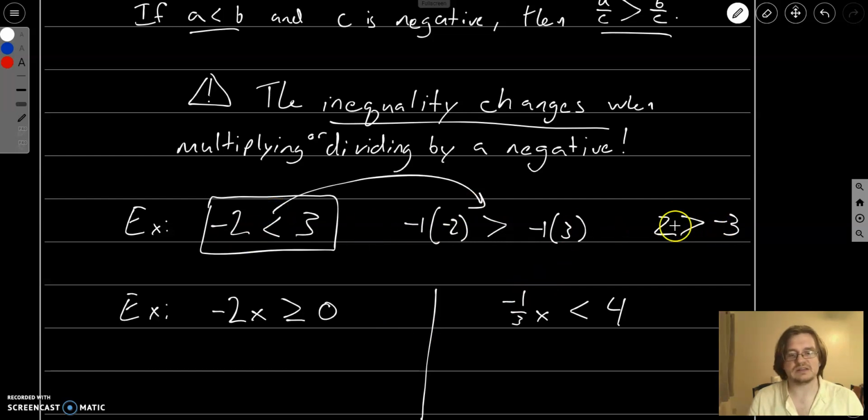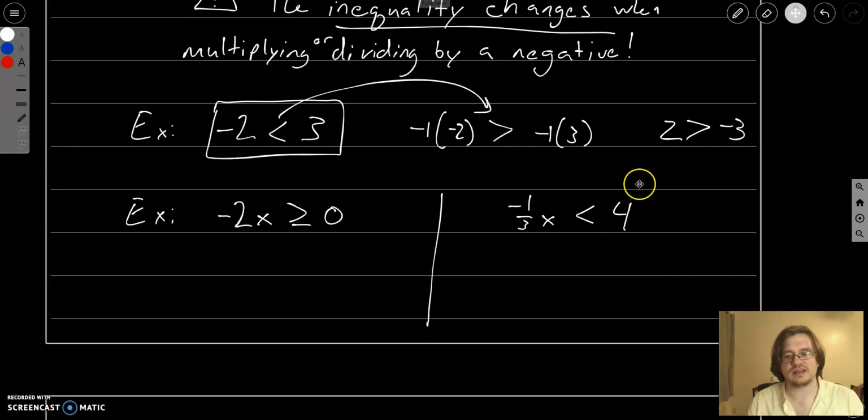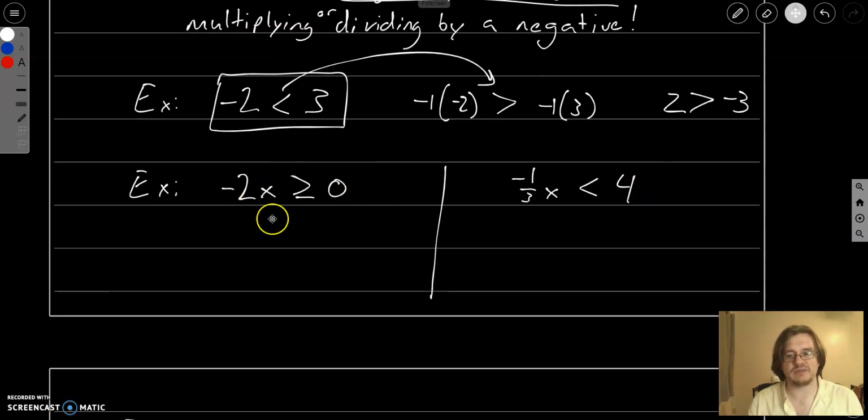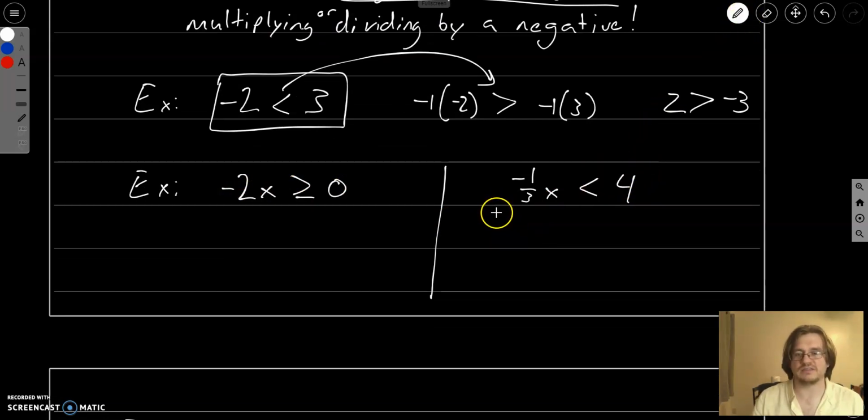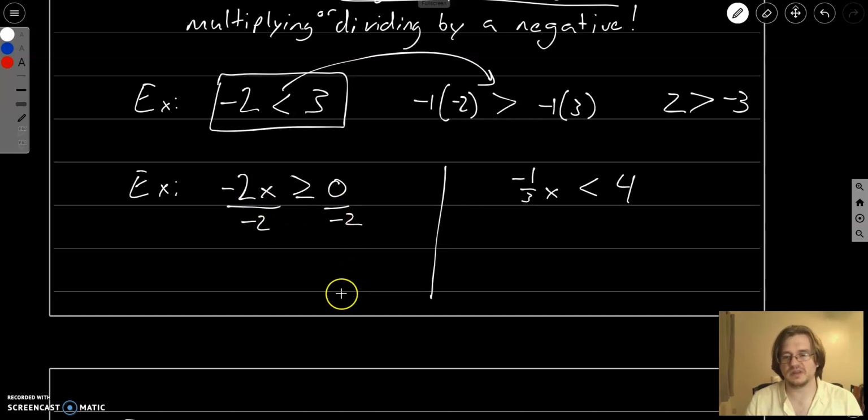So this is more obvious because these are just numbers, and we're more familiar with negative 2 and 3. When things start having some x's in there, maybe it's less obvious. So we just have to know whenever you multiply or divide by a negative number, you must flip the inequality. So here, I might divide both sides by negative 2 to get rid of this sign.